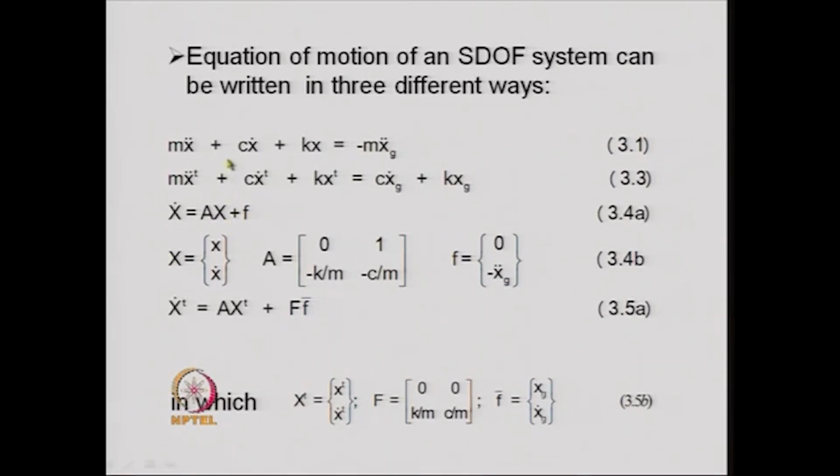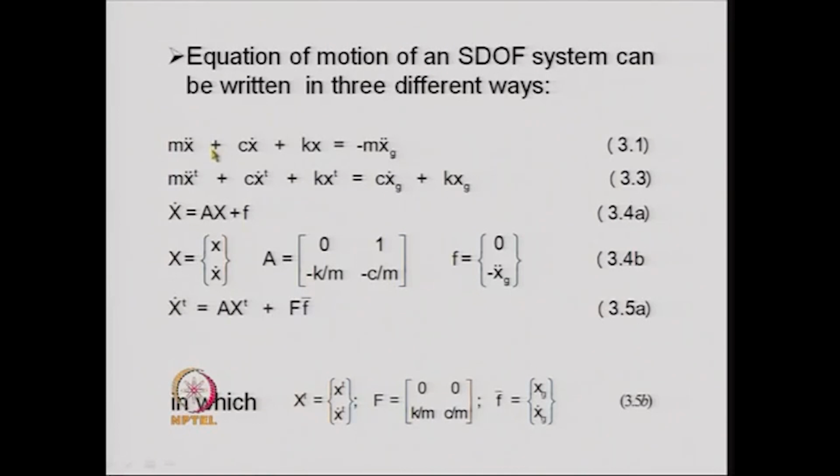In fact, from the theory of differential equations, one knows that an nth order differential equation can be written as a set of n first order coupled differential equations. So, since it is a second order differential equation, it can be written as a set of two coupled first order differential equations, and that is what is seen over here.